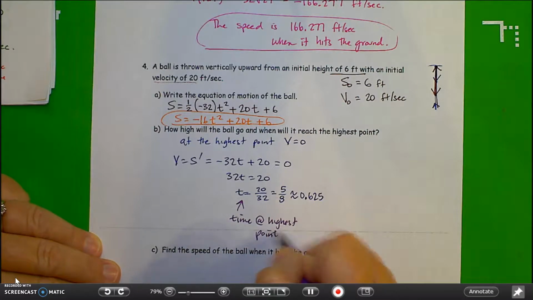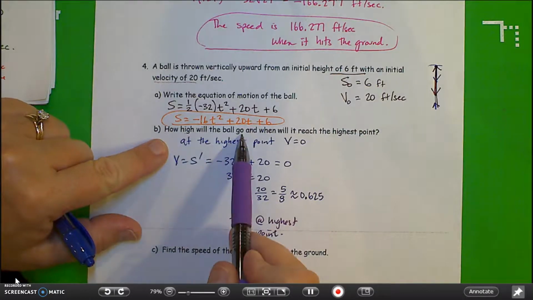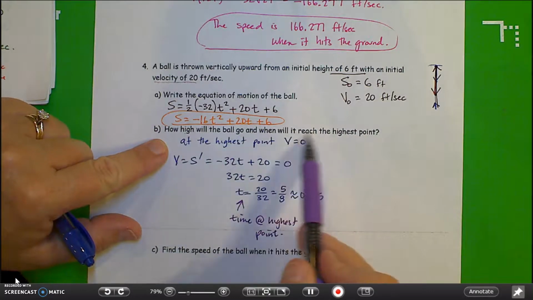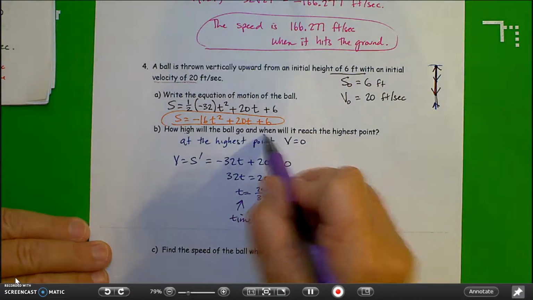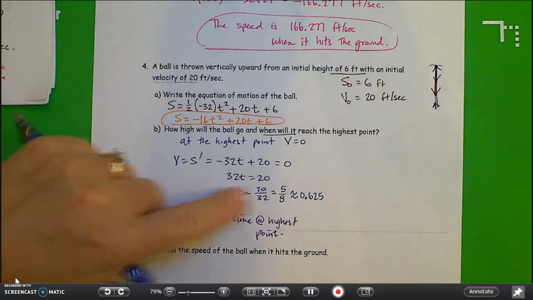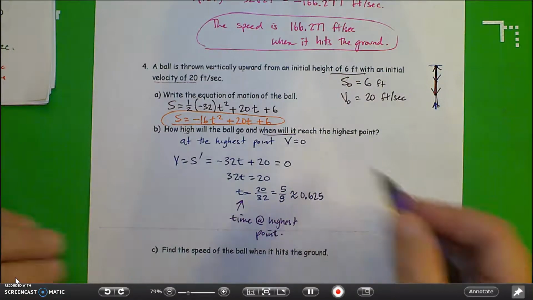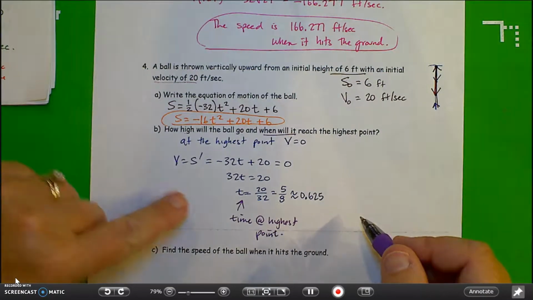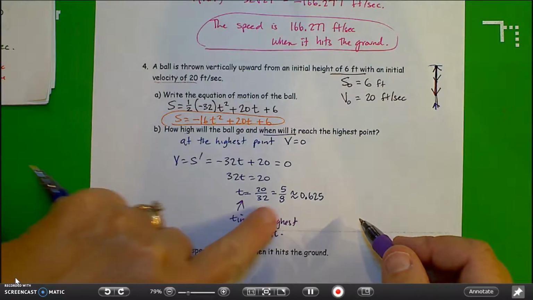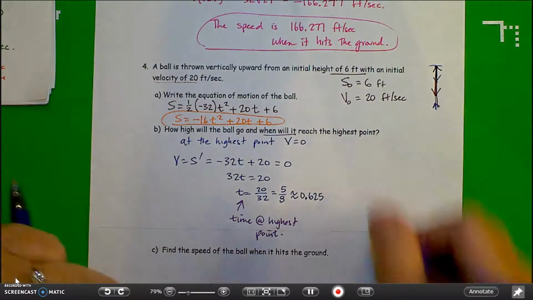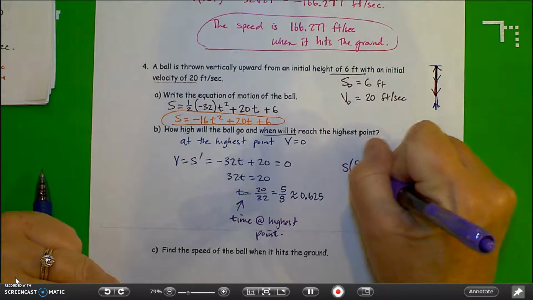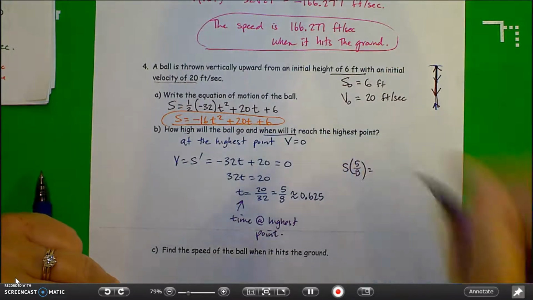And what were we asked about this? How high will the ball go, and when will it reach the highest point? So we've got the when taken care of. It happens at time equals 5/8 seconds. How high the ball goes, we would have to put 5/8 of a second into the position function. So evaluate s of 5/8.